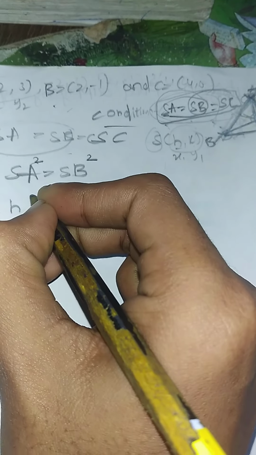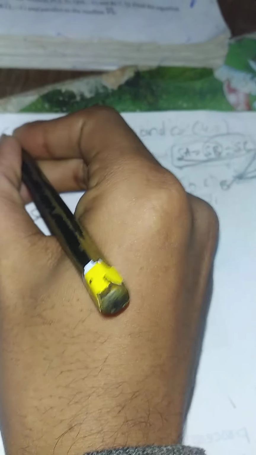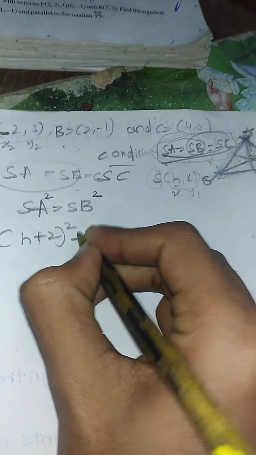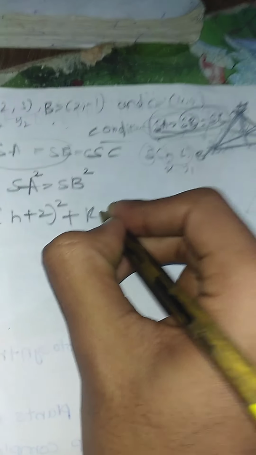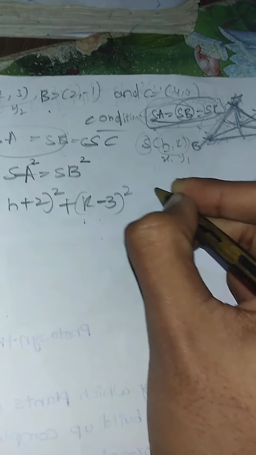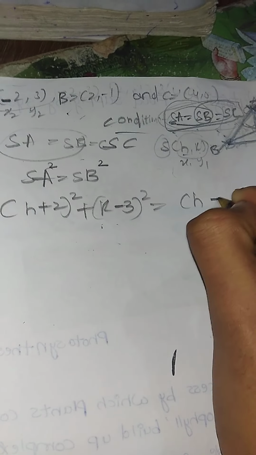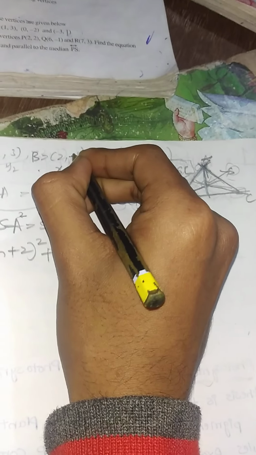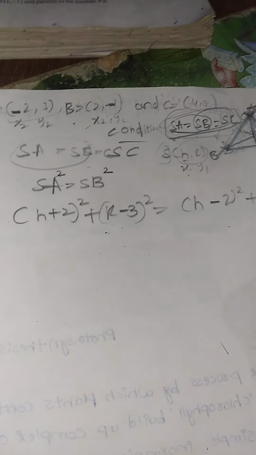Now by substituting in the distance formula, we get h, as it is, minus, I am writing it as plus because minus into minus is plus, h plus 2 whole square plus k minus 3 whole square is equal to, similarly, h minus 2 whole square plus k minus, as it is having minus 1, we are writing plus 1, k plus 1 whole square.